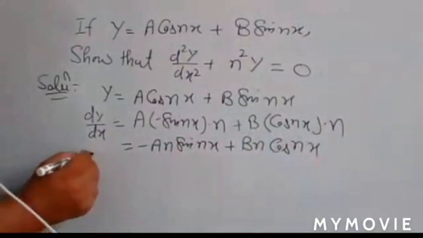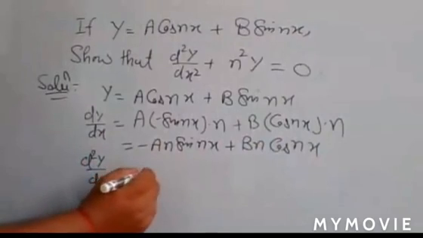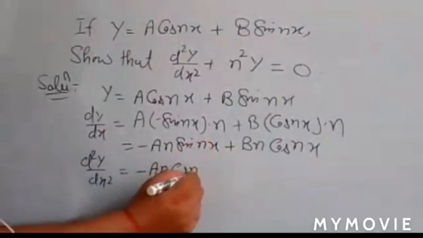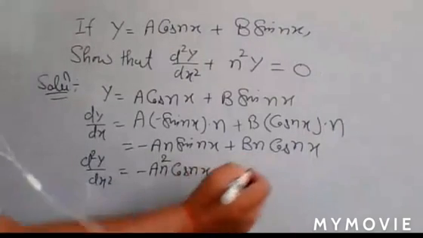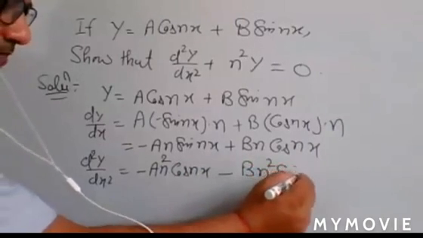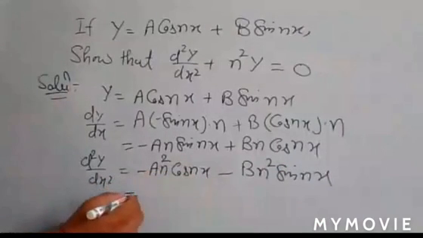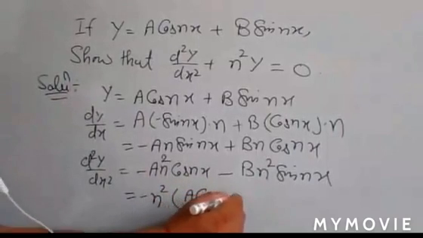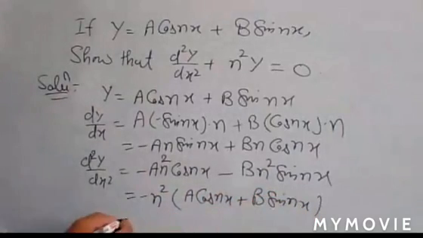So for its second derivative d2y by dx2, you have minus an into the differentiation of sin nx, which is cos nx into n, so you write here an square cos nx. In the same way, you have minus bn square sin nx. Now taking minus n square common, you have a cos nx plus b sin nx, and that gives the value of y.